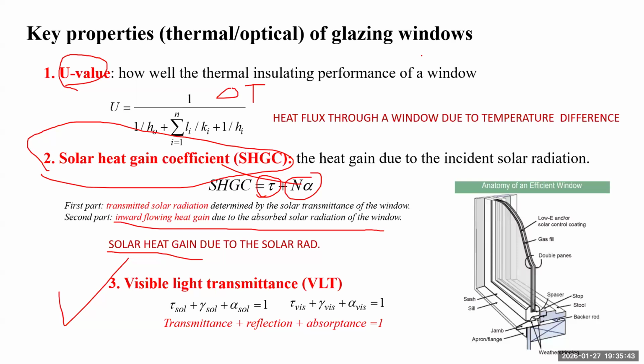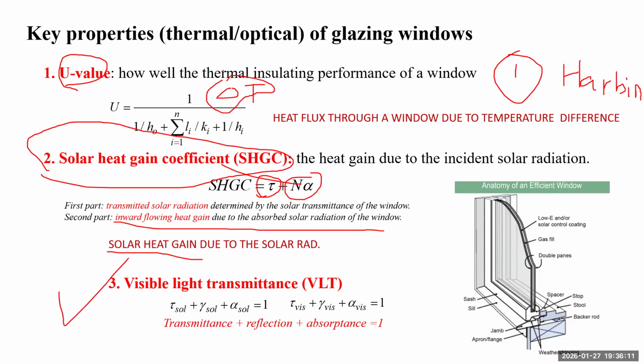That is priority one for Harbin. U value is related to the temperature difference between indoor and outdoor.